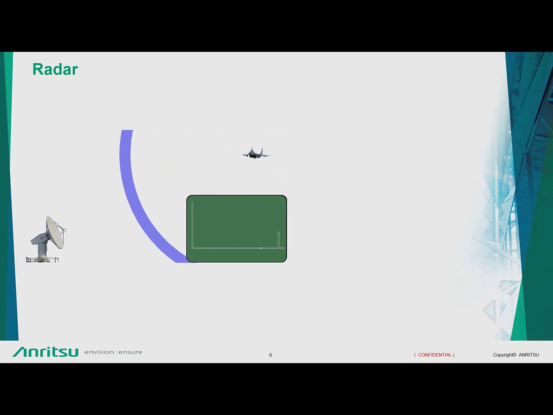This is how the defense people see how far a particular object is.